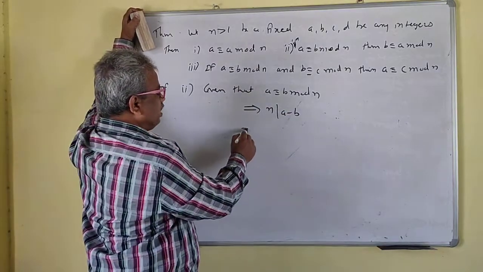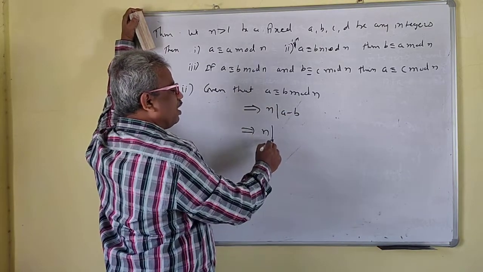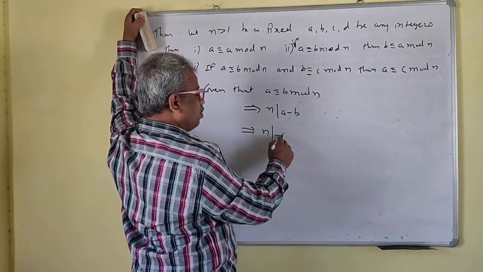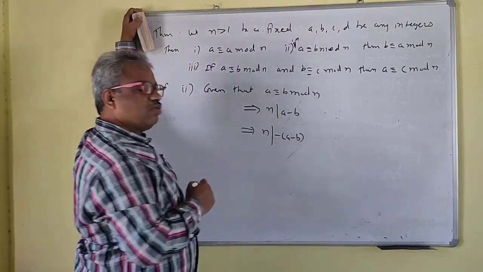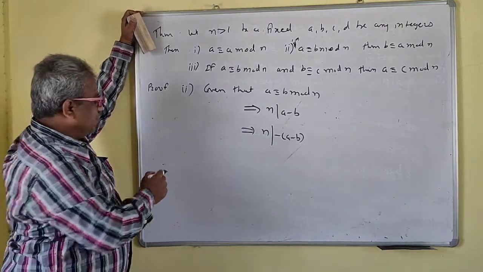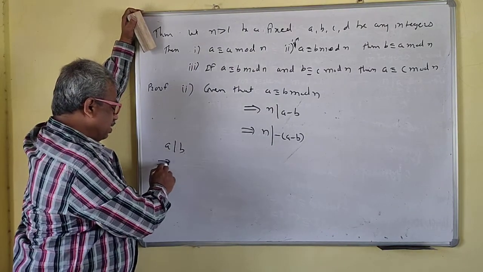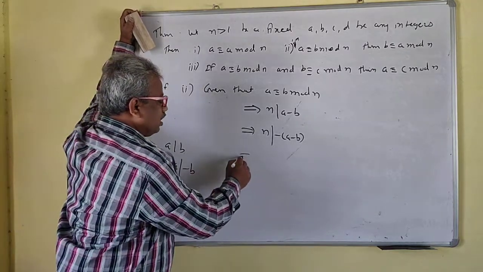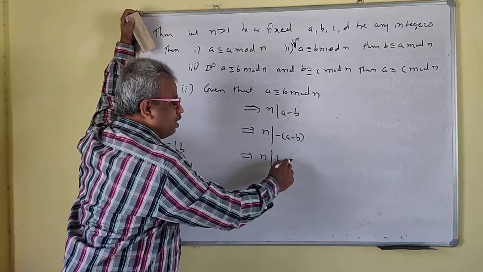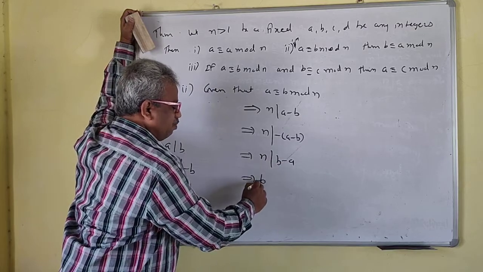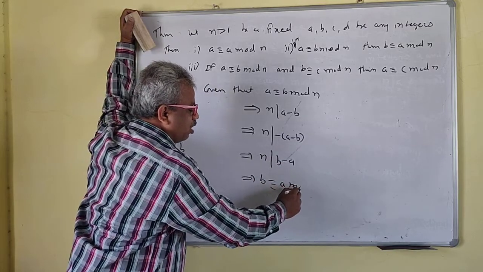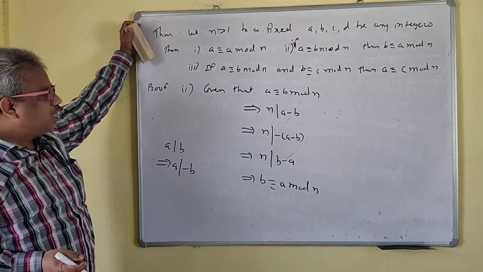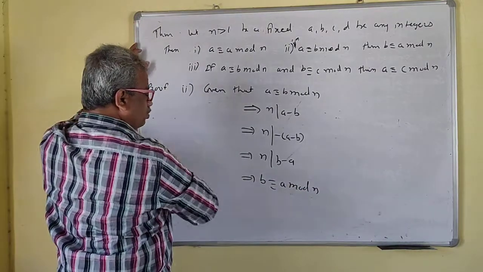If n divides a number, it also divides its negative. So n divides minus of a minus b; we are applying that a divides b implies a divides minus b. So what does this imply then? n divides b minus a. And this implies b is congruent to a mod n by definition. Okay, so we are through now.